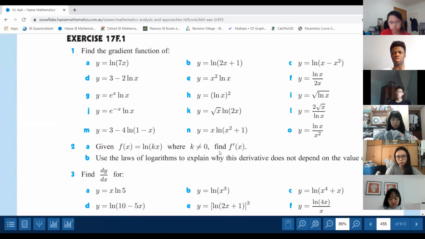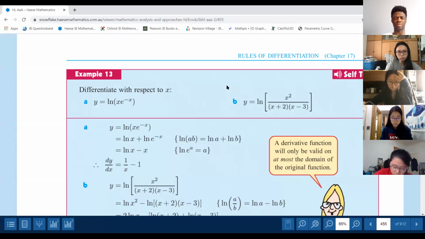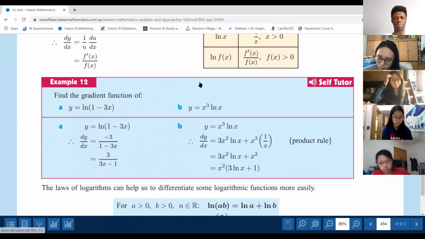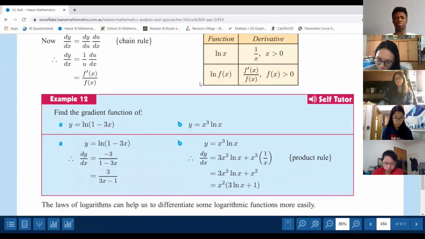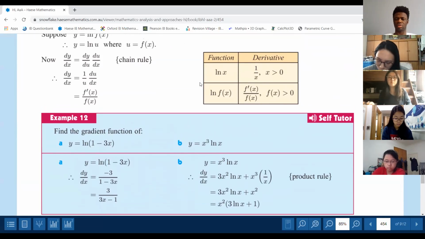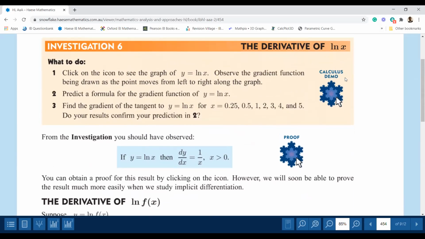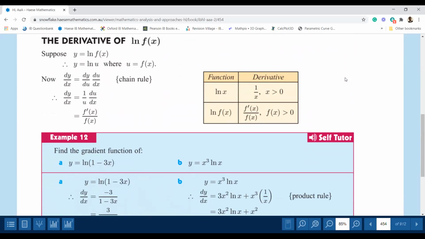Okay, so let's do some practice on this. Again, I'll send the picture of the example first. So just write derivative of logarithmic function as maybe the heading. Then practice in brackets, because today is about practice. So I will take a screenshot of this first and send to us in the group. Maybe I take a screenshot from the beginning. There's no need to write the investigation part. Just from here is okay.